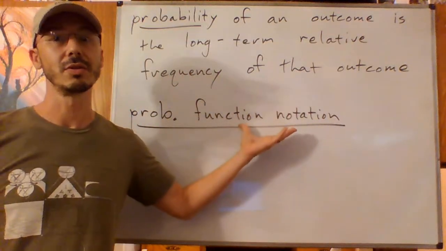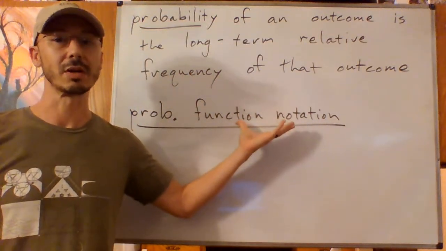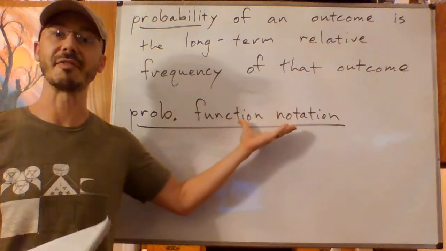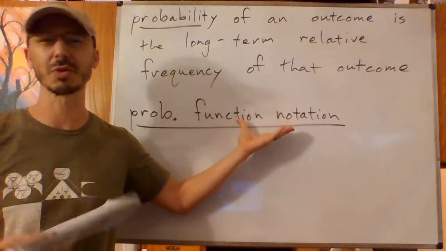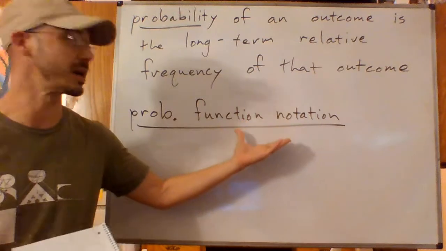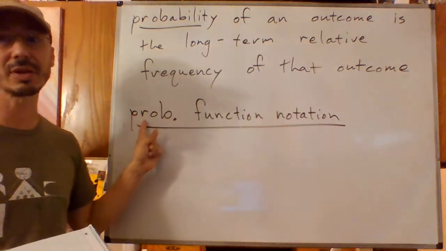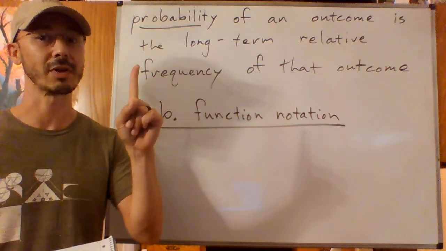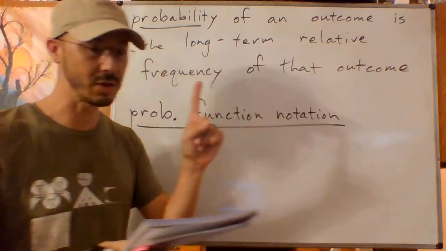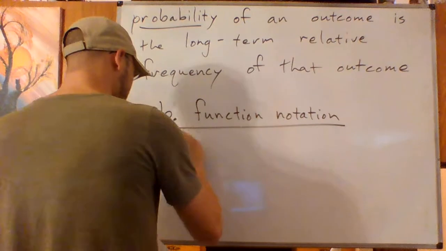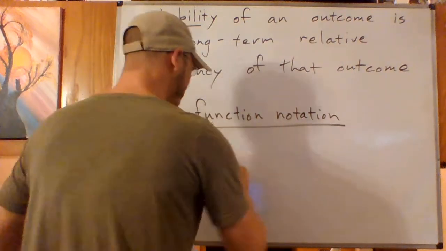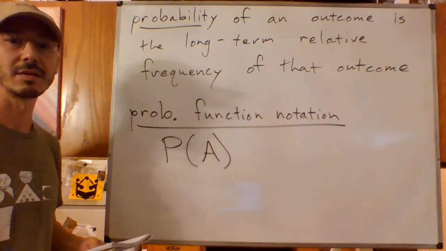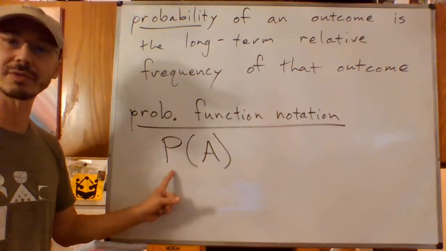Function notation you will have seen in algebra to some extent. F of x is usually how it's presented there, or g of x. Here, it's the probability function, and we're only looking at one probability function. There's only one function. We're going to use P of A. P is the function for probability.